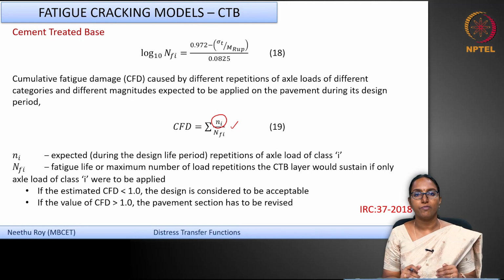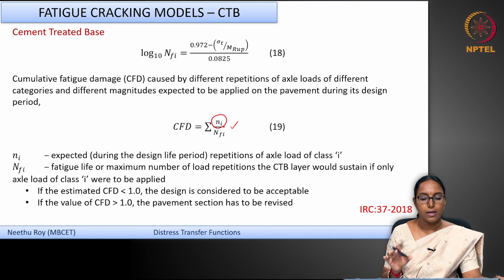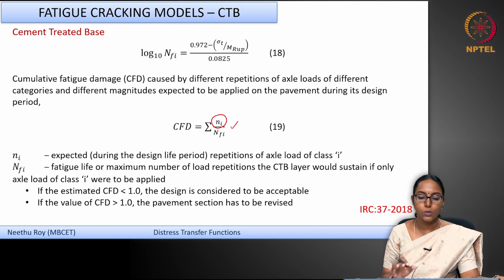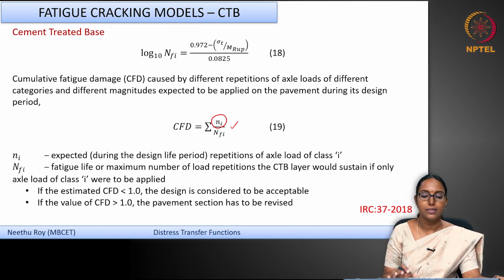But if this cumulative fatigue damage exceeds 1, then the pavement section has to be redesigned. So in the design of flexible pavements with these cement treated base layers, it is recommended that this approach be used to check whether the CTB layer is okay or not, or the design is appropriate or not.